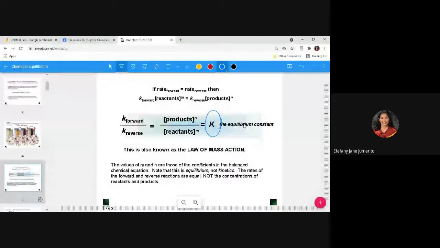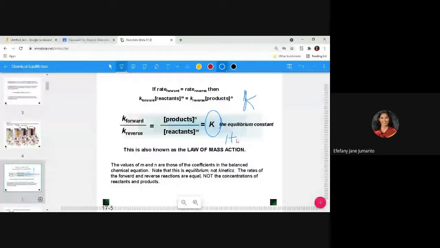What other quantity has the symbol big K? Kelvin, ma'am, temperature. Right, temperature has a unit of Kelvin, which is also big K. But don't be confused, class, because Kelvin is natural, but here in equilibrium, it's still big K and also italic.